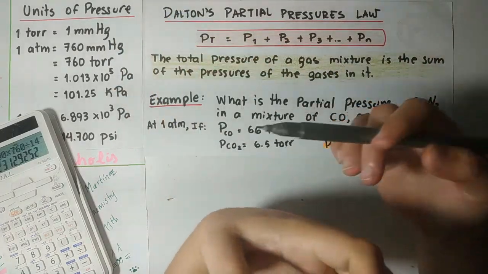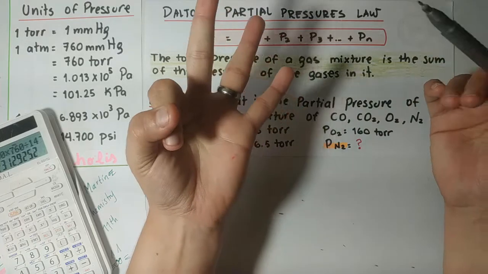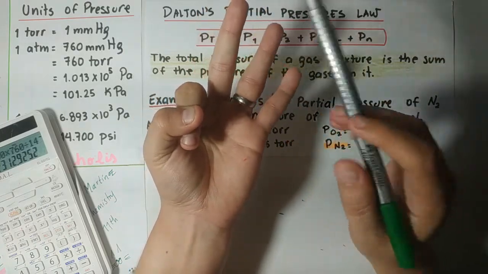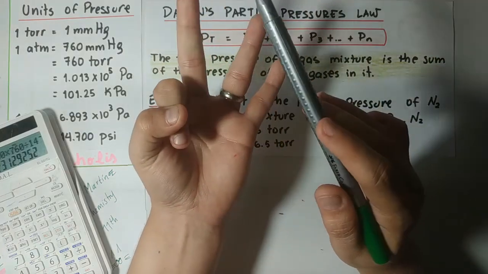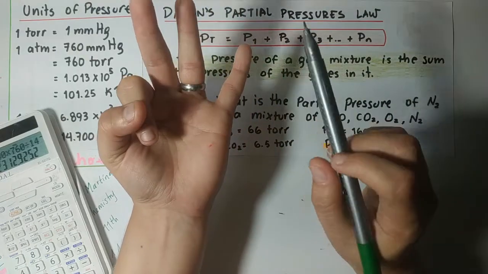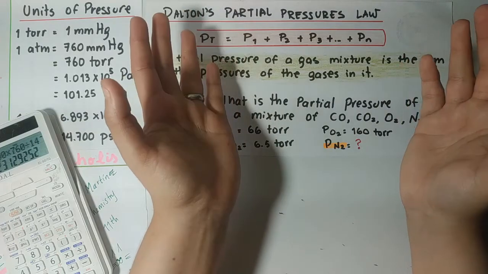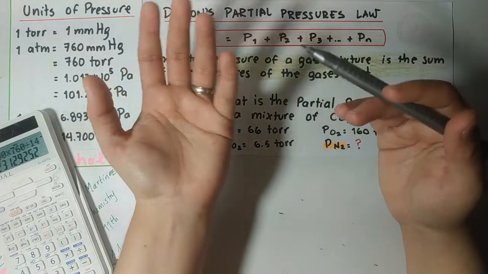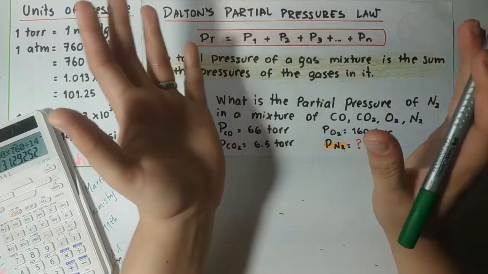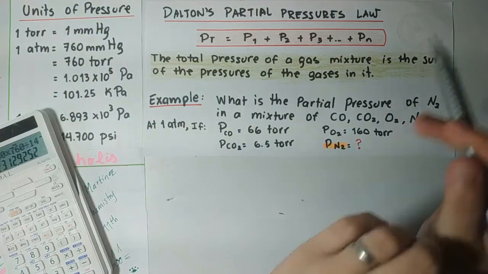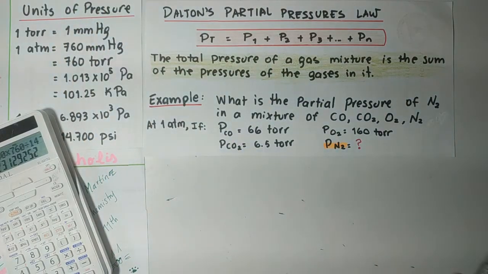So if in that mixture I have 3 gases, the total pressure will be the pressure of the first plus the pressure of the second plus the pressure of the third gas. And if in a mixture I have 20 types of gases, I'm going to add the 20 pressures of each gas to have the total pressure of my mixture.